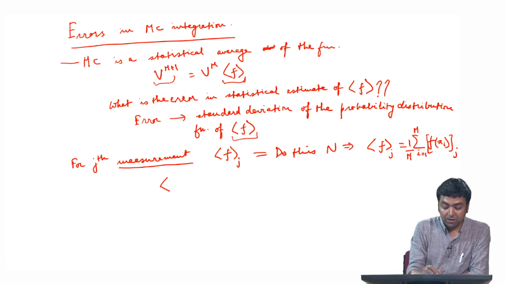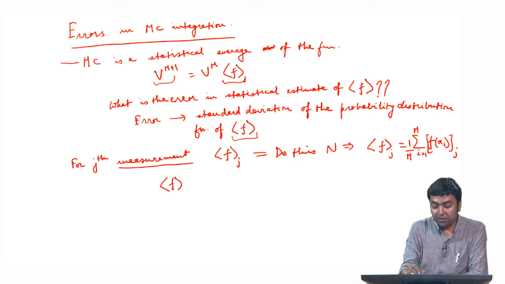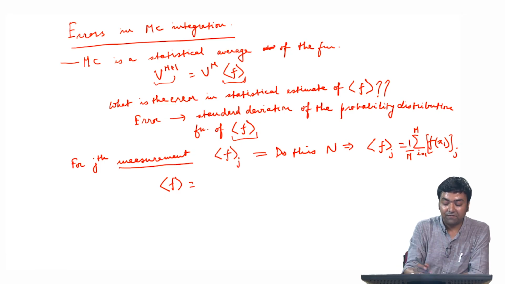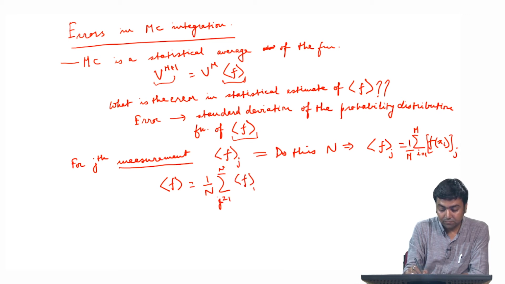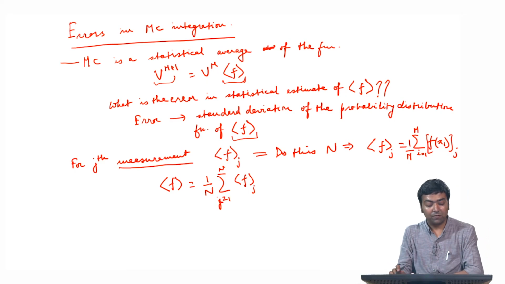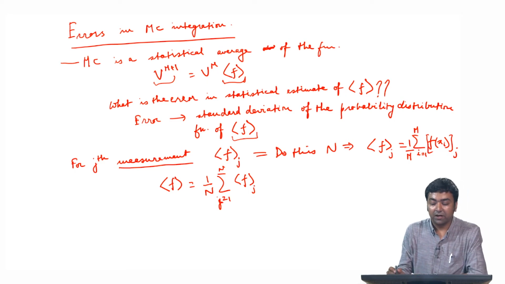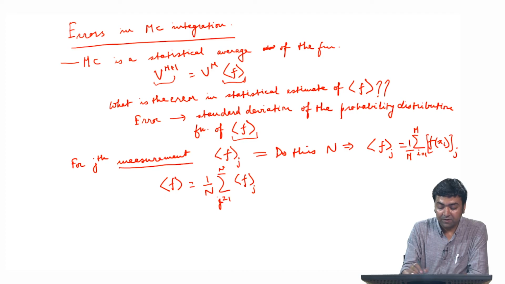If I do such measurements n times, the average value of the function will be given by 1 by n, sum over j equals 1 to n, f_j.